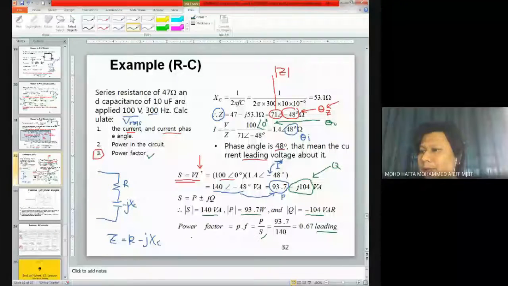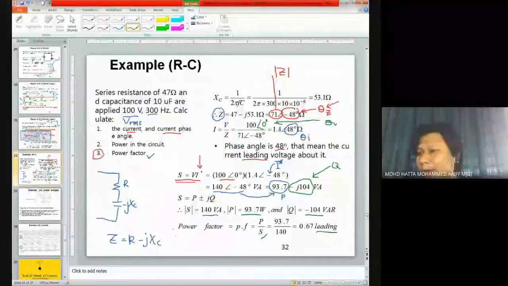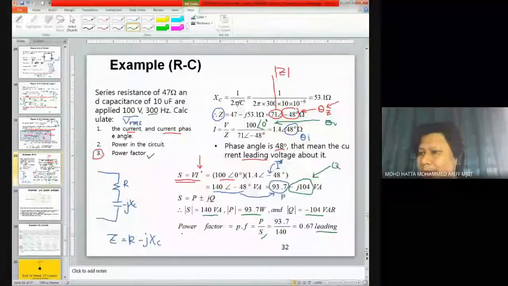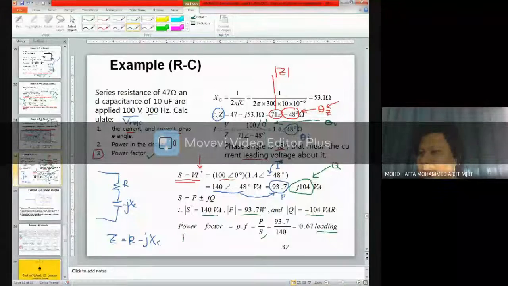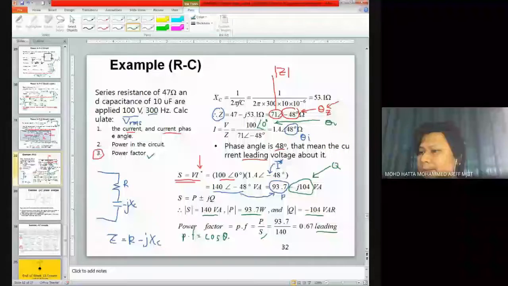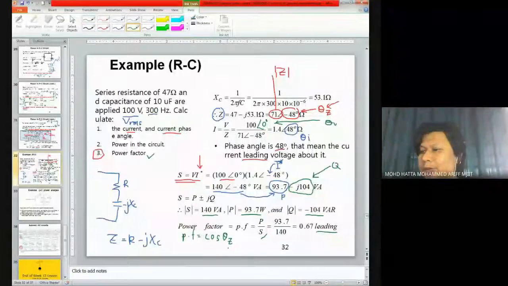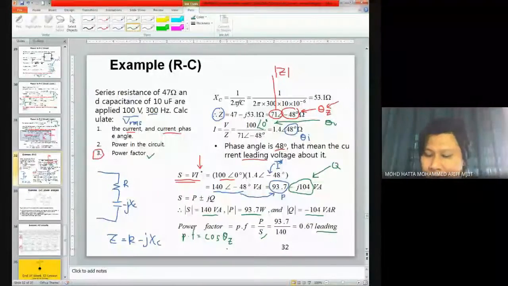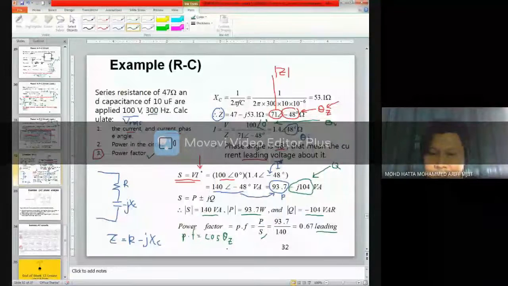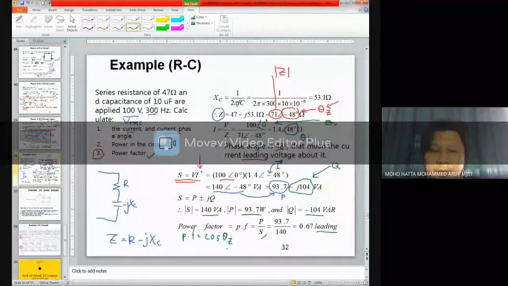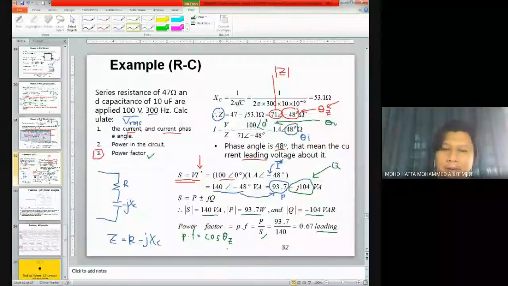If you calculate power factor in a different way, what options do you have? You can use power factor equals cos theta Z. You may also use this one because if you put cos 48 in a calculator, it also gives the same answer, 0.669 or 0.67, the value of your power factor.